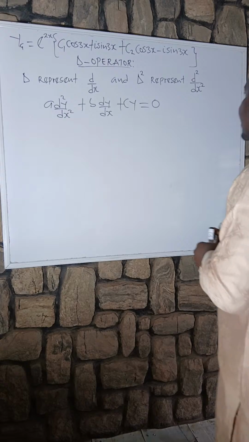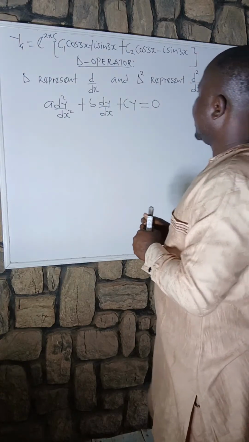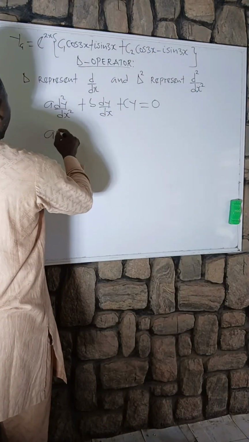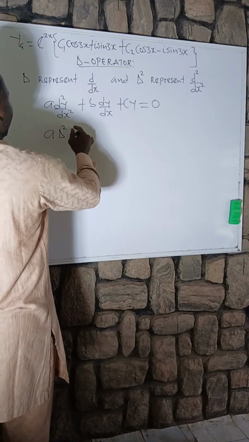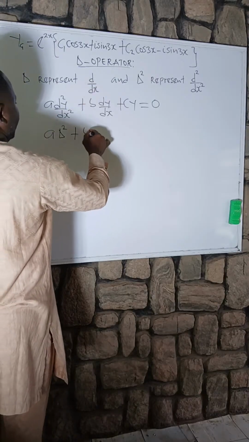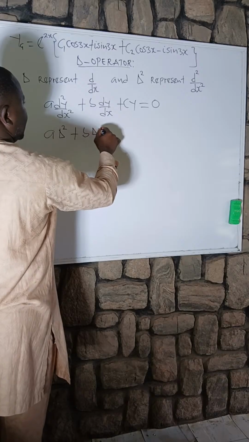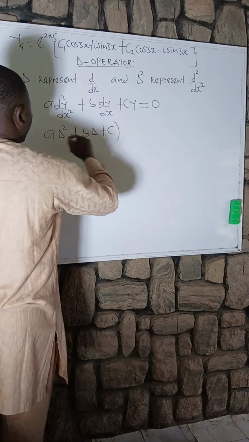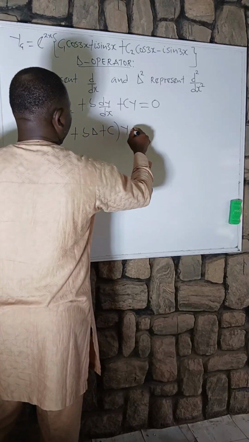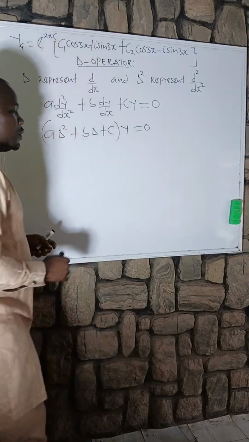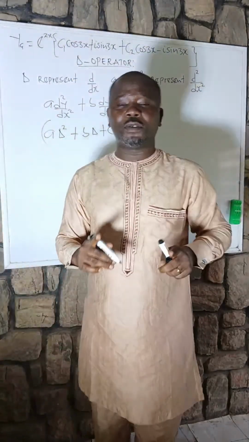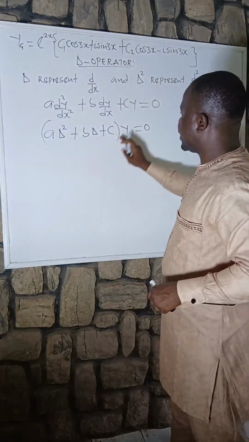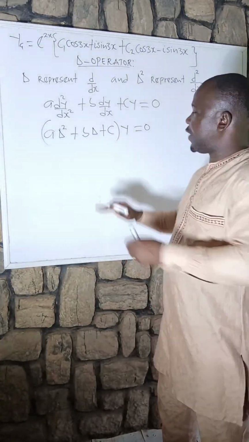So it means that here we are going to write it in this form: (a D squared plus b D plus c) y equals to 0. I know you want to ask a question. Why is y factored out?